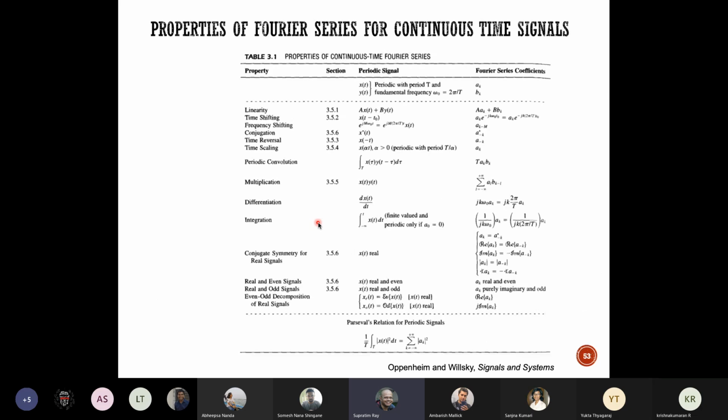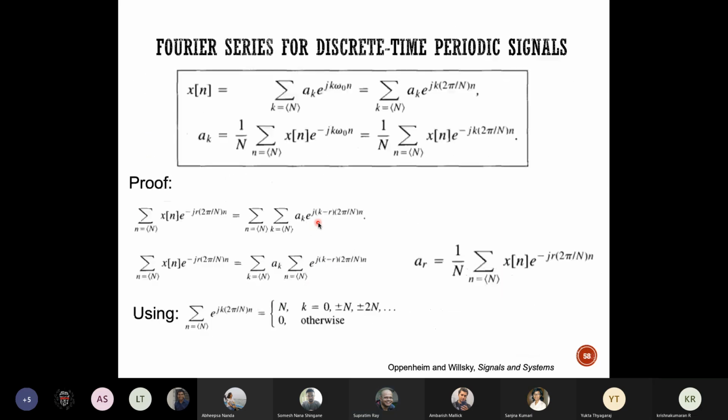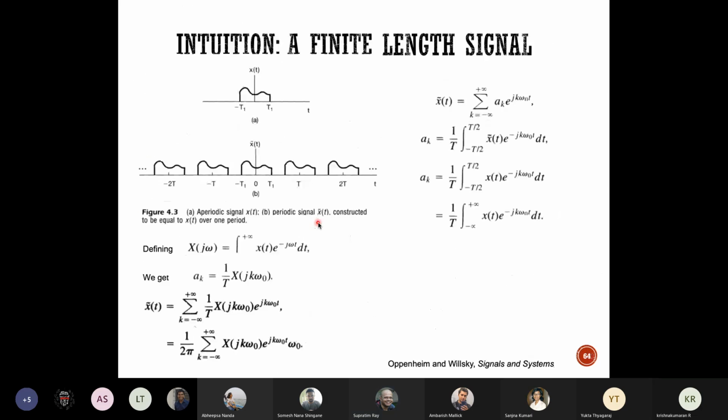So in this case, a_k of this periodic signal is nothing but a sample of this continuous function at k omega naught. If you put j k omega naught and multiply by 1 by T here, you will get a_k. So a_k is just 1 by T times a sample here. That's it.